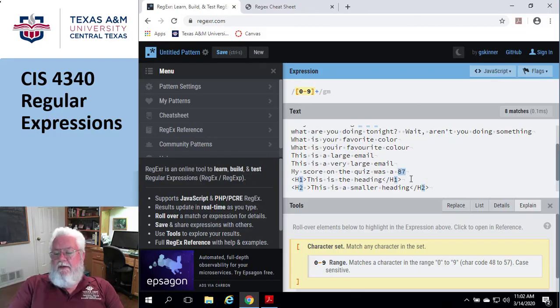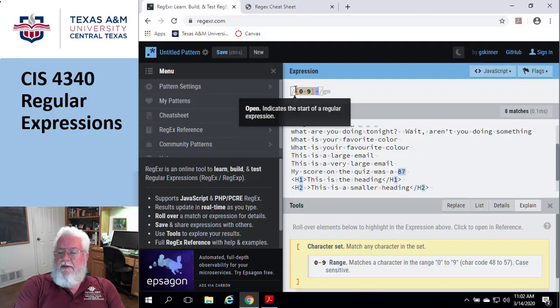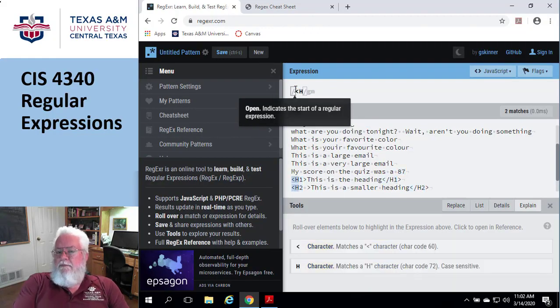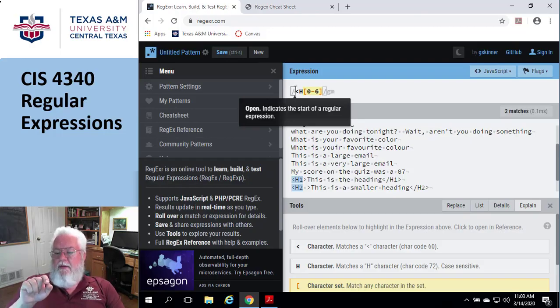So I want to find all heading tags. Here's what I would start with. I need to find an H, and then a number. I think they only go up to 6. But then I want to allow for the possibility of having some white space.